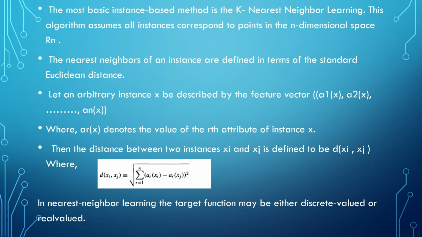In order to find the distance between these two instances, we use the following formula as shown here. So, in nearest neighbor learning, the target function may be either discrete valued or real valued. There are two types of target functions.